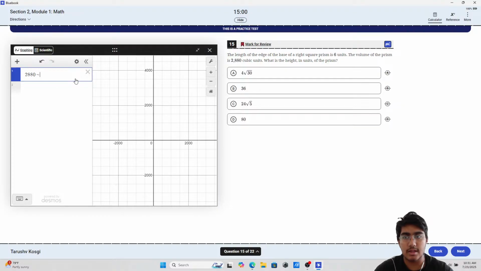So 2880 is equal to 1/3 times 6 times 6 times height.